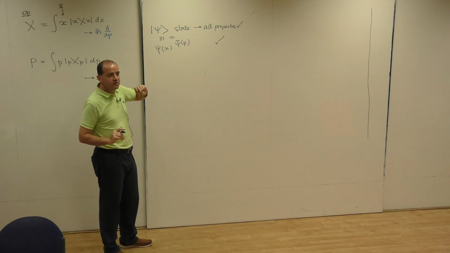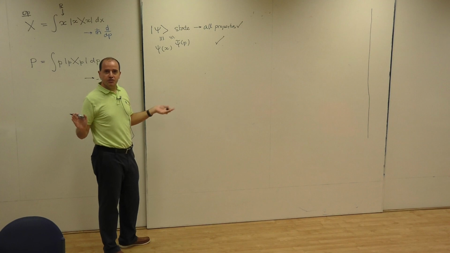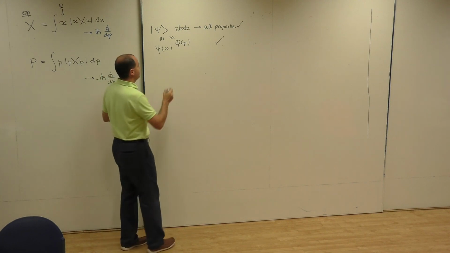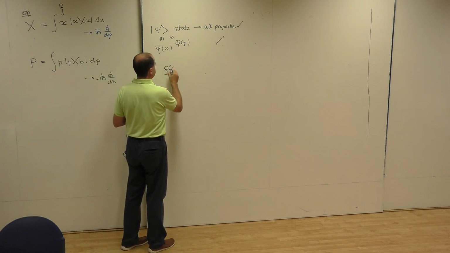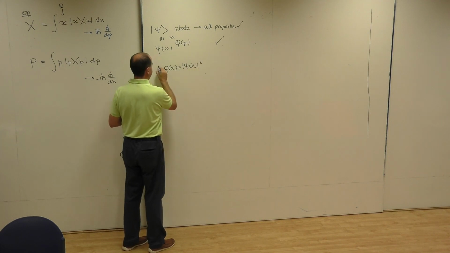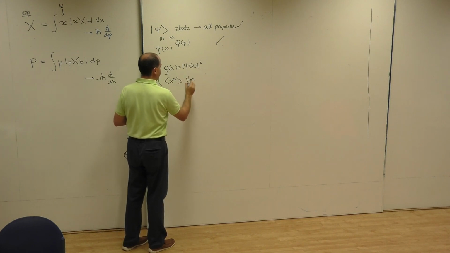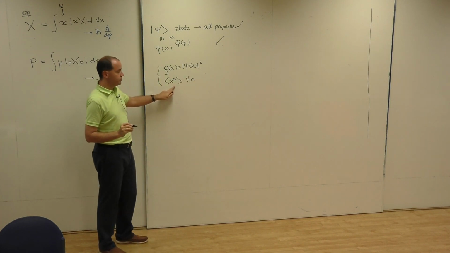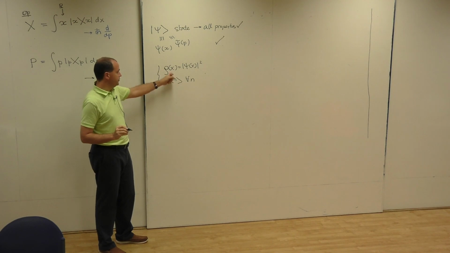Now you may say, well, I have measured position, so I have the information about rho of x. Or alternatively, I have all the moments, x to the n for all n. I have the distribution of position. The moments uniquely identify the distribution.